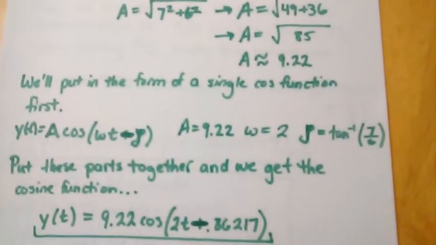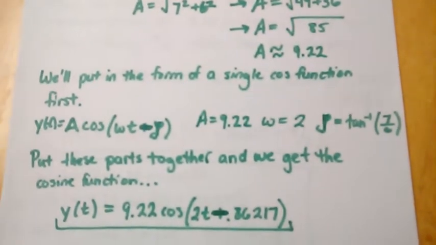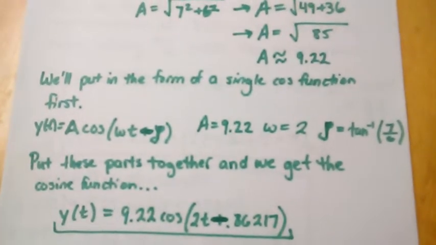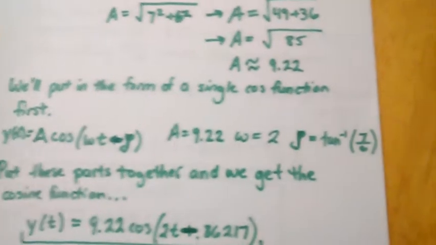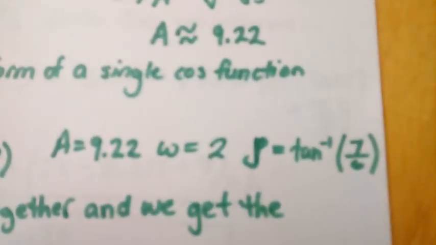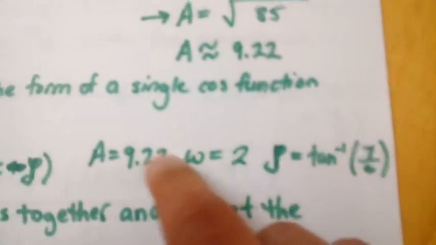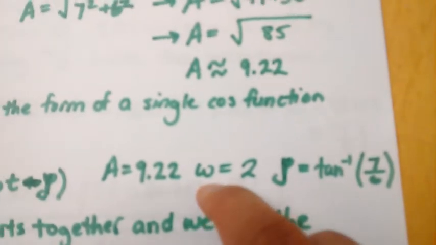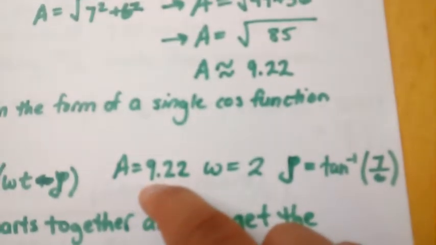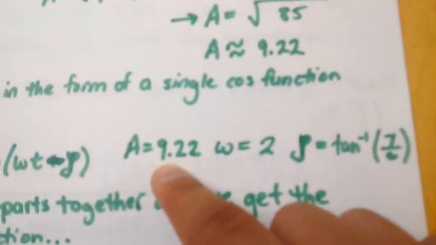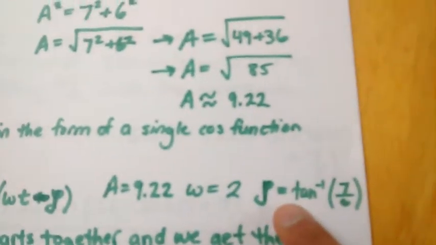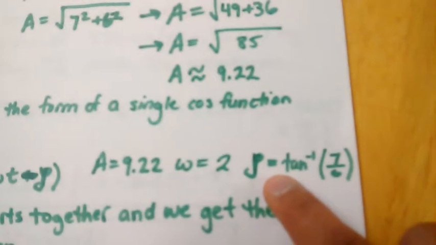Now we're going to put all of these in the form A cosine of omega t minus delta, where our omega stays the same. It is 2. The amplitude is equal to 9.22, and delta, as I said earlier, is going to be the arctangent of 7 over 6.